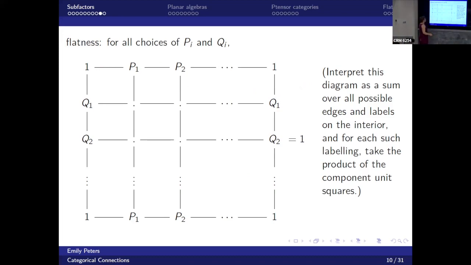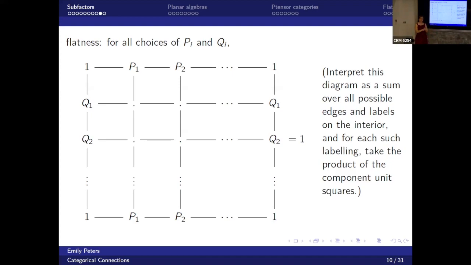Now this giant diagram built up of these little squares is supposed to be a sum over all the possible things we could put down in the interior of the square, and then take the product of the number associated to each tiny square. So, moral of the story, this is a giant calculation.